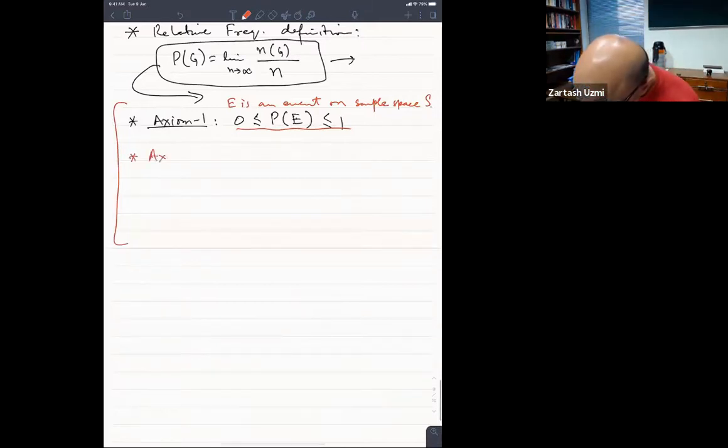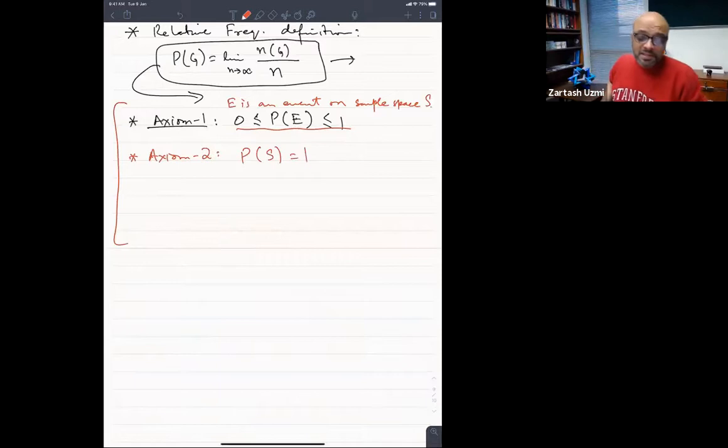So axiom 2 is probability of S is 1. This is again very simple. What this is saying is, पहला axiom क्या कह रहा था कि the chance that some event will occur, any event that you define, the chance that an event will occur will be between 0% and 100%.